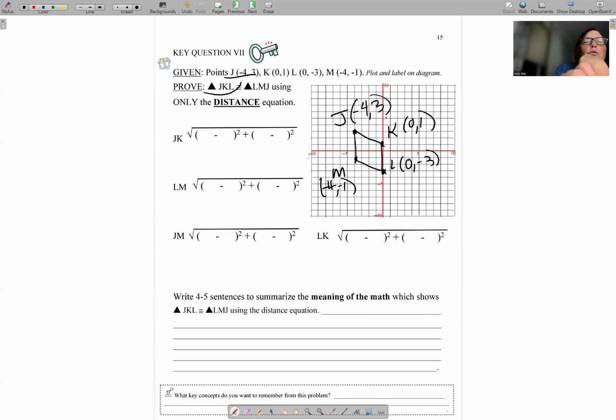We're trying to prove the triangle JKL is congruent to the triangle LMJ. Remember, the minute you're trying to get congruent triangles, you're shooting for side-side-side, side-angle-side, angle-side-angle, or angle-angle-side.